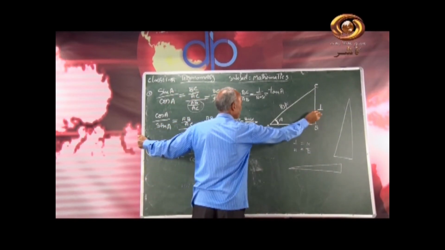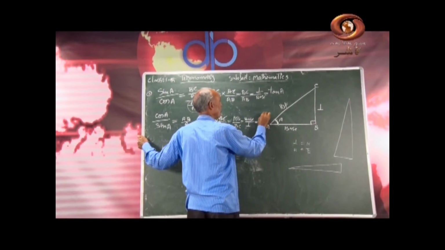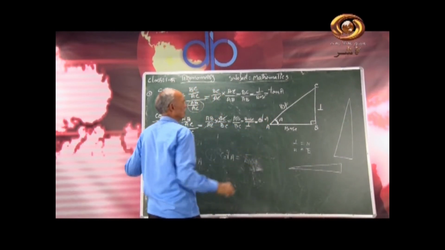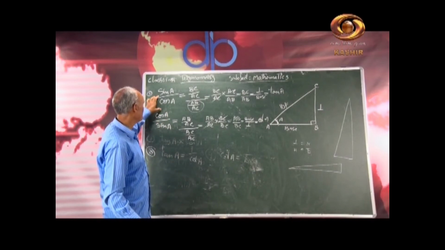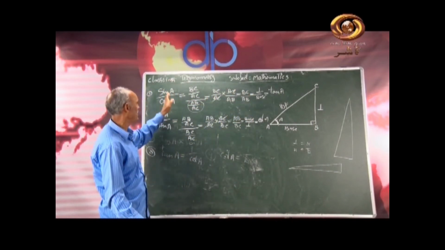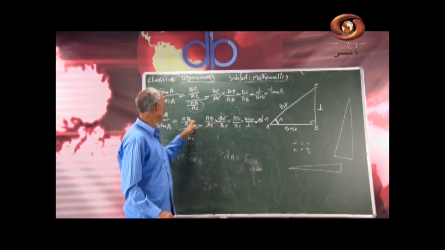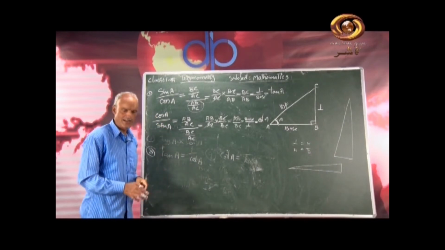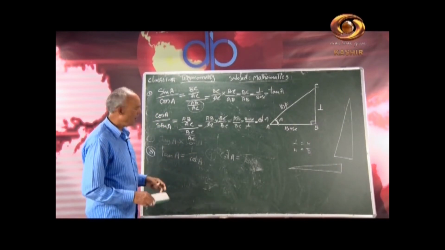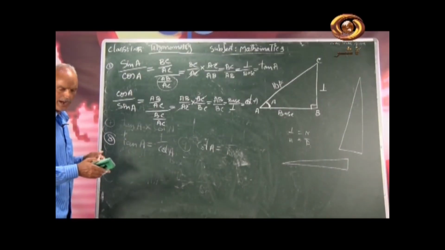It is called the cotangent or simply the cot of the angle A. So, one more set of formulae, sin A by cos A is equal to tan A, or conversely tan A is equal to sin A by cos A, and cos A by sin A is equal to cot A, or cot A is equal to cos A by sin A. This is one more formula regarding these. Now, we will go ahead.